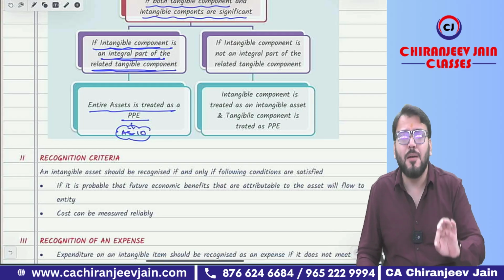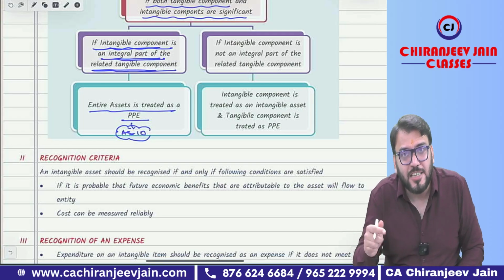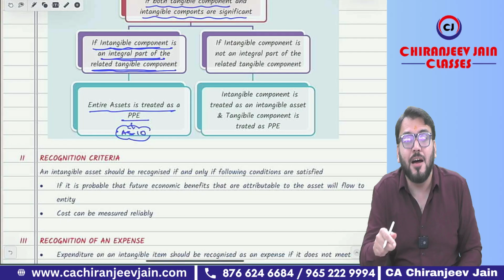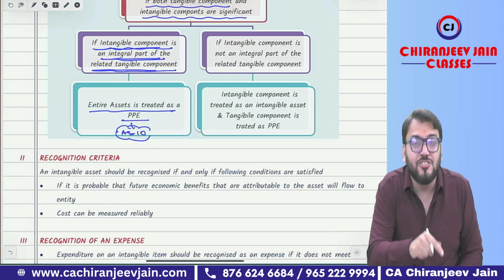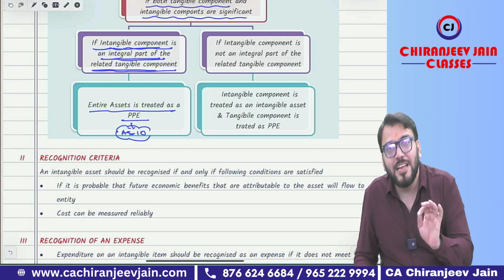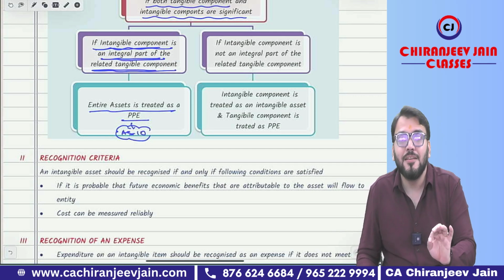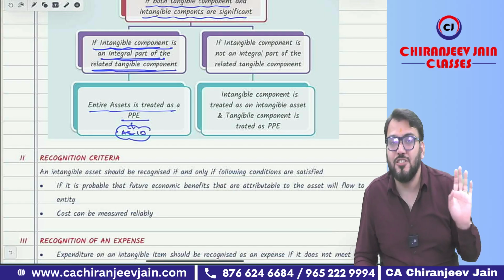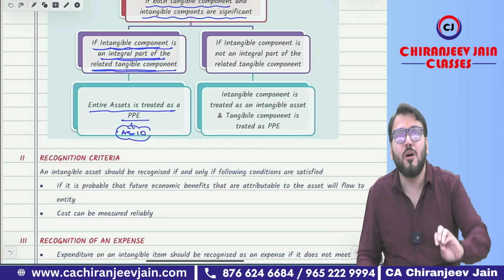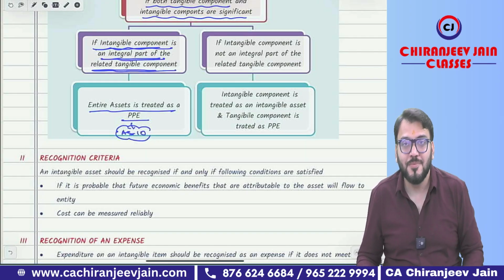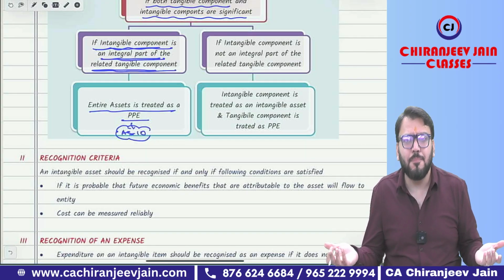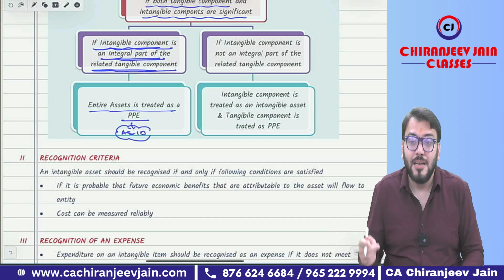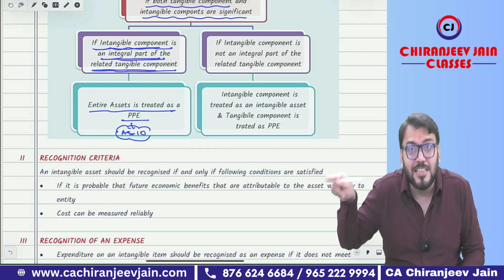Got this point? But sometimes what happens? If I purchase a tangible asset with an intangible component that might not be an integral part of that tangible component. In that case, AS26 says apply AS10 for tangible, AS26 for intangible. For example, if I purchase Tally software with a laptop, now Tally software is not an integral part of the tangible component. We can use that laptop without Tally software, and that Tally software can be used in another laptop also.